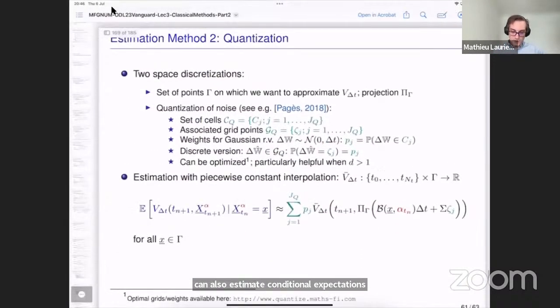It works in dimension larger than 1 to 3, but in high dimension, let's say 15, 20, 100, then it becomes costly. So it works in higher dimensions than PDEs, I would say, but still with neural networks, we will be able to go in even much higher dimension.